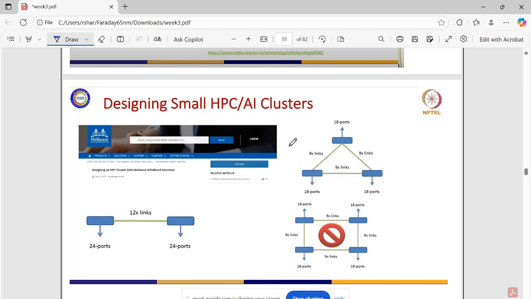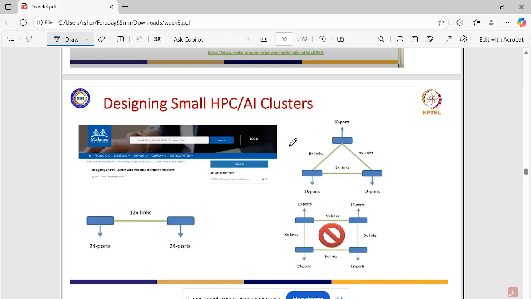But in an HPC cluster, it is not some random connection. Here the aim is that all the compute elements should have the same kind of network bandwidth, latency, and delay.